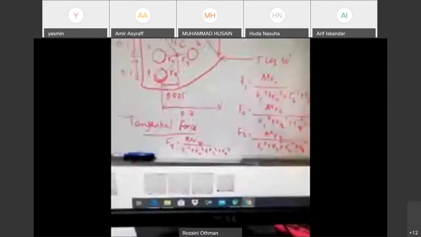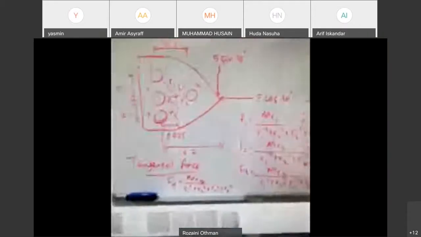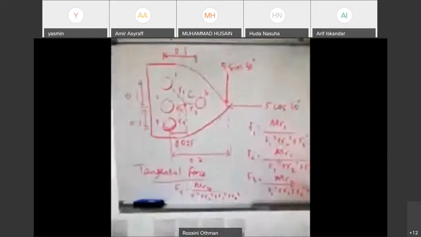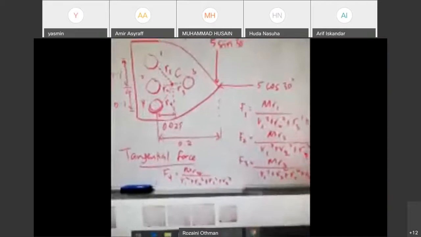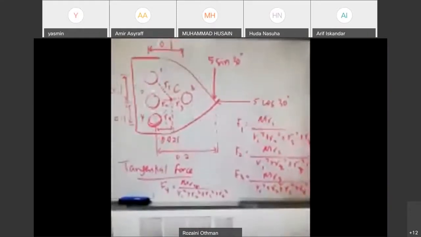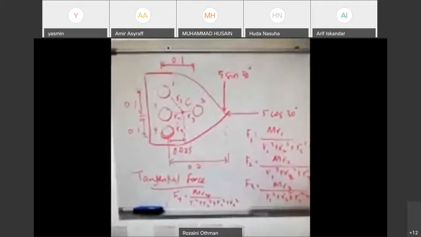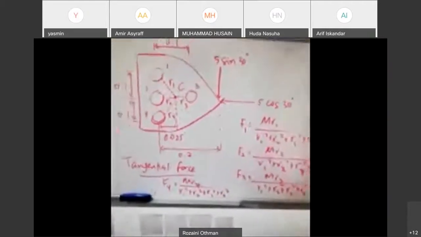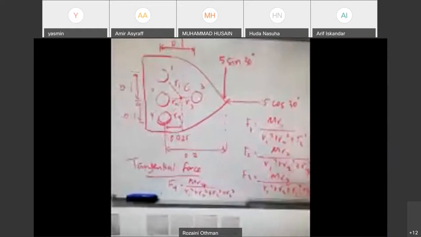After that, you need to determine the tangential force. First of all, in terms of what we have determined: first, we find the centroid in X and Y direction.